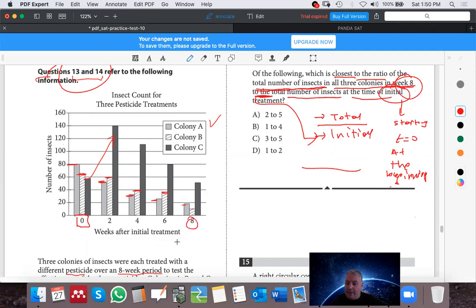This is week number 8. So totally, what is that? This is approximately 20, which we can call 19. So when I go like that horizontally, it is 19. Plus this one approximately, let's say 10. And this is approximately 50. Divided by initial. So initial, it is 80.